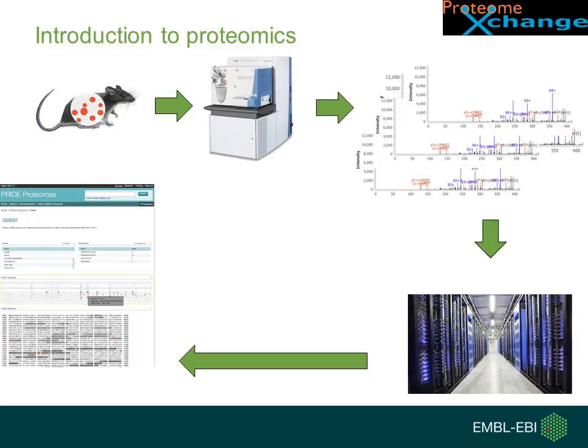So, for example, which post-translational modifications have been observed on these proteins. And this is shown here in this little figure on the left. This is a view of one specific protein identified by its UniProt accession number.